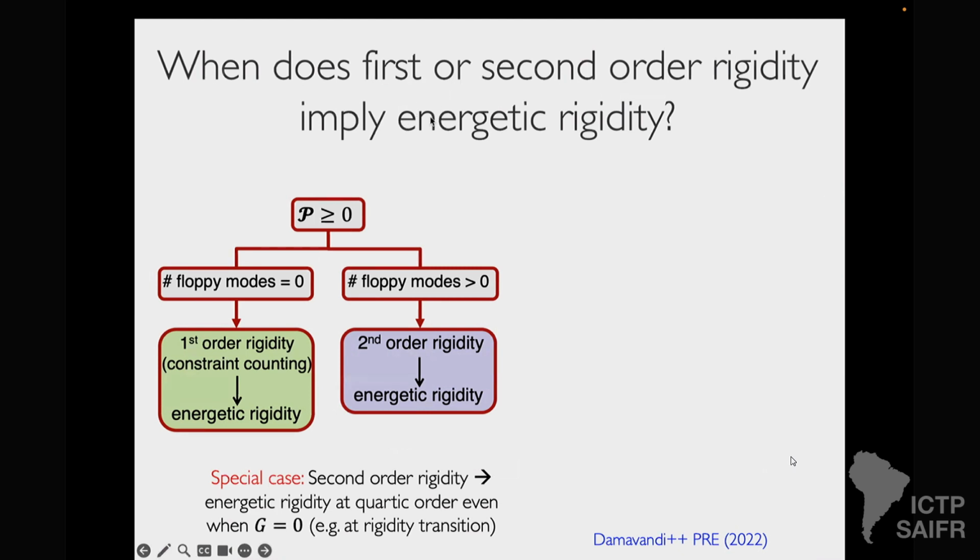There are more complicated things that we're thinking about. But basically, if the pre-stress matrix is positive definite, then we can show that either first order rigidity implies energetic rigidity, or second order rigidity implies energetic rigidity. There's also one technical detail that occurs right at the critical point, but it doesn't change this general picture.